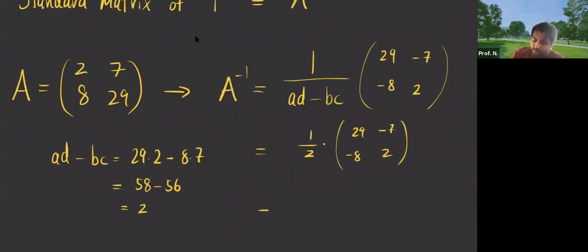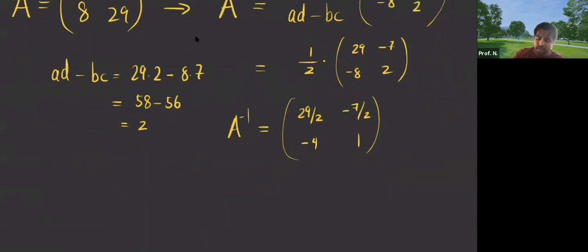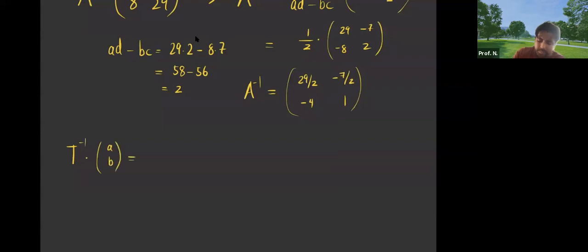If I multiply 1/2 everywhere, I get 29 over 2, -4, -7/2, 1. This would be A inverse, and A inverse is associated with the inverse transformation, T inverse. So what is T inverse going to look like now? T inverse, when you multiply by AB, for example, is the same thing as A inverse multiplied by AB.